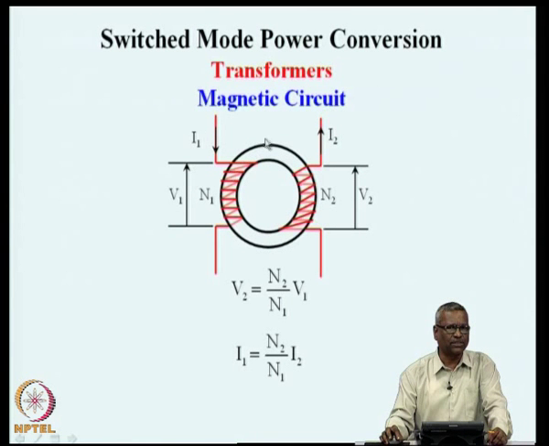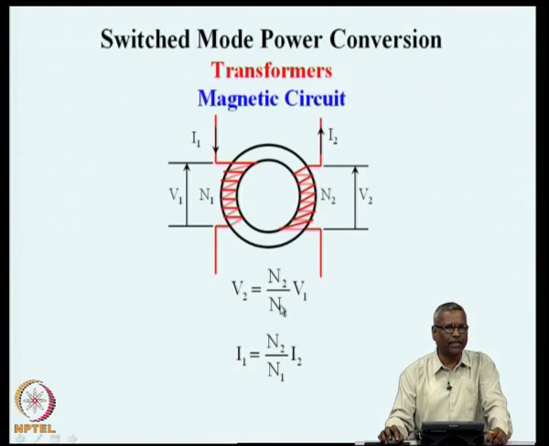So, here I have shown schematically a magnetic circuit, which is a toroidal core, a ring core, and on that I have a primary winding which has N1 turns and which is being excited by a voltage V1 and drawing a current of I1. On the same core, we have the secondary winding also wound, which has N2 number of turns, and on account of the fact that they are both coupled, the primary excitation sets up a flux in the core and sets up a secondary voltage which is V2, and if you connect an external load on the output side, it will result in a current of I2.